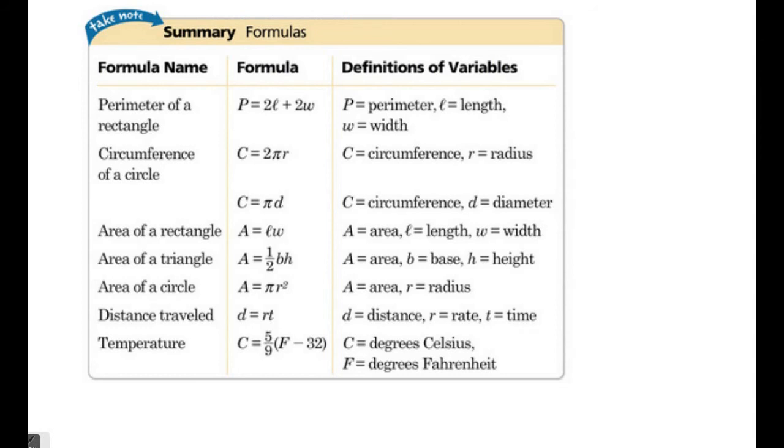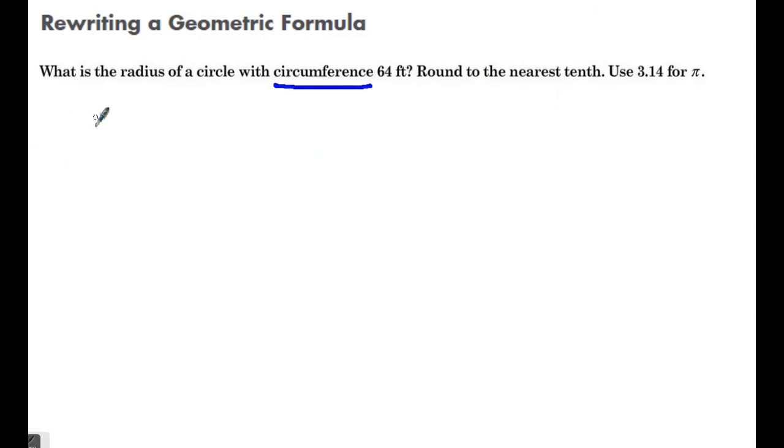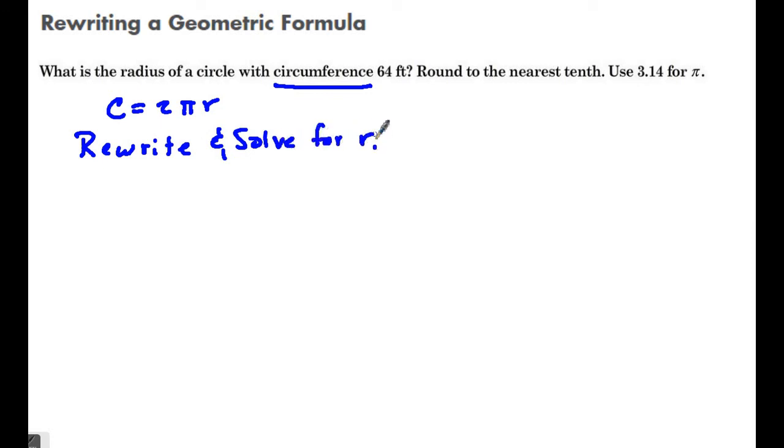Circumference of a circle is going to be 2 pi r, and r is going to be the radius. So let's go ahead and go back now. So C equals 2 pi r, and we're going to rewrite and solve for r, where r is going to be our radius.